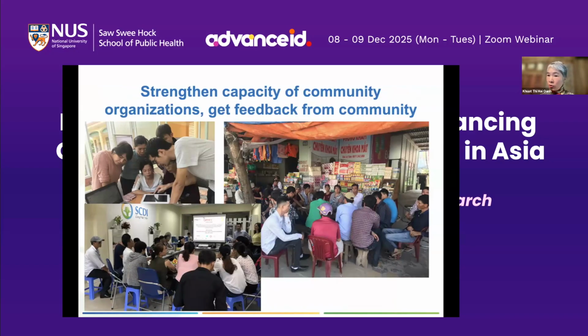They need to have their own space, so we make sure that they have their office. They need to earn their living. They need to live. So we make sure that they have some income to live, etc. So that is also capacity building, and we have them strengthen their management capacity.